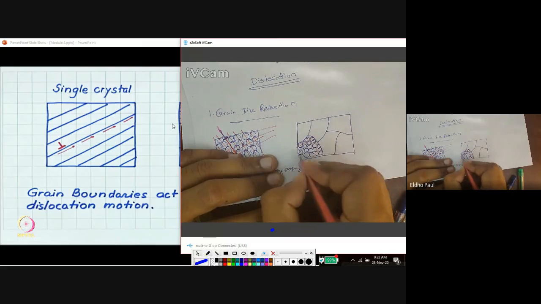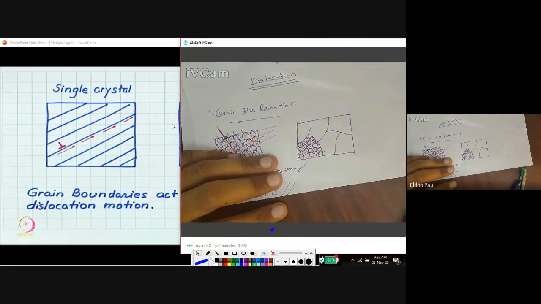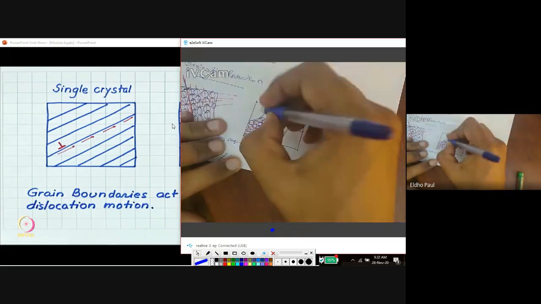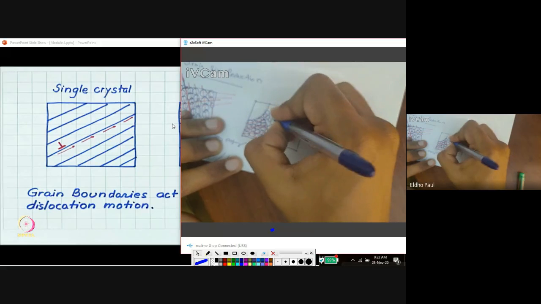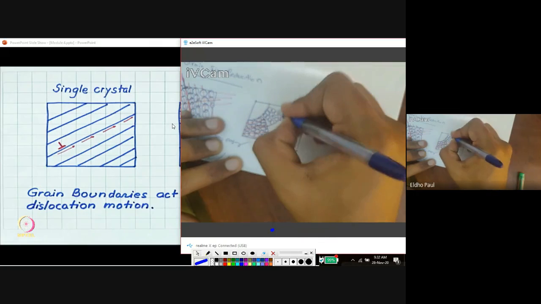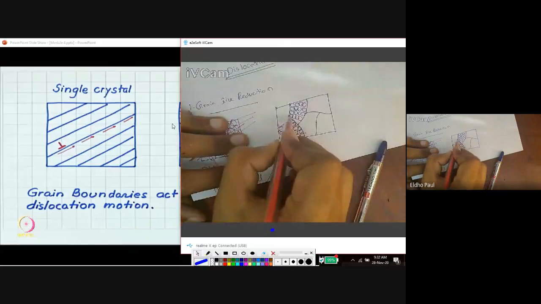So this is the orientation direction of this grain. And I am taking another grain. This is the orientation direction of the next grain.